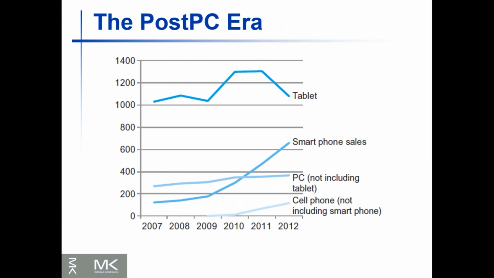This is what we call the post-PC era. What it means is that normally PCs is the number one choice of computing platform, but in 10 years back, what we have seen is that the growth of PC has been slowing down. At some point, actually dropped or stagnated, which is not increasing. What you see is a huge increase in tablets, and then later a huge increase in smartphones.